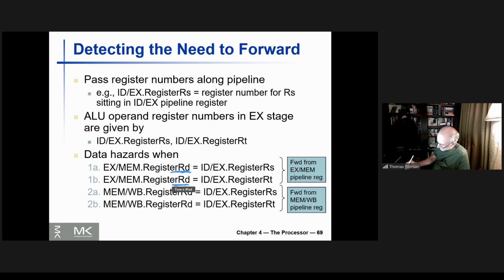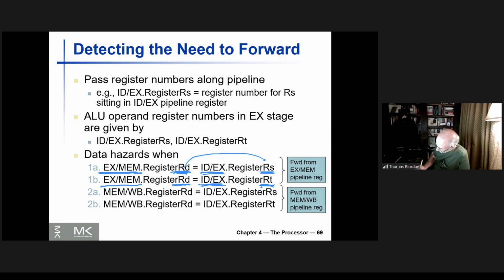That's only made clear from these equations by the fact that it's saying, take the EX/MEM one, the one that's one cycle after it did the actual subtraction, and compare that with the incoming, meaning the ID/EX, where it is in the pipeline. And compare it against both RS and RT. So it's comparing RD against RS and RD against RT. It's doing that comparison.